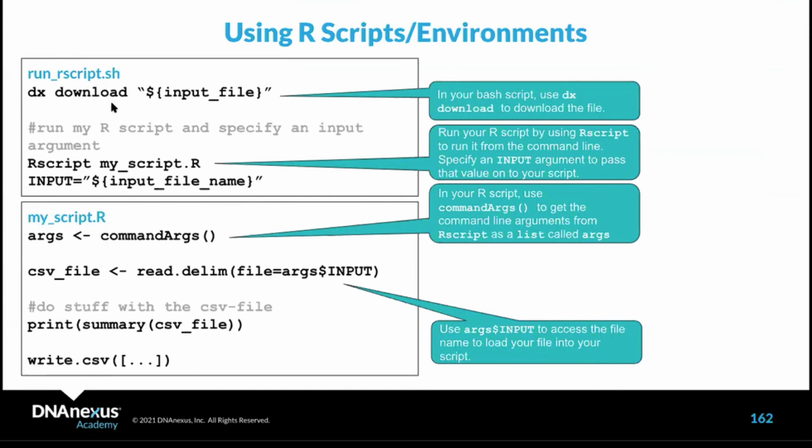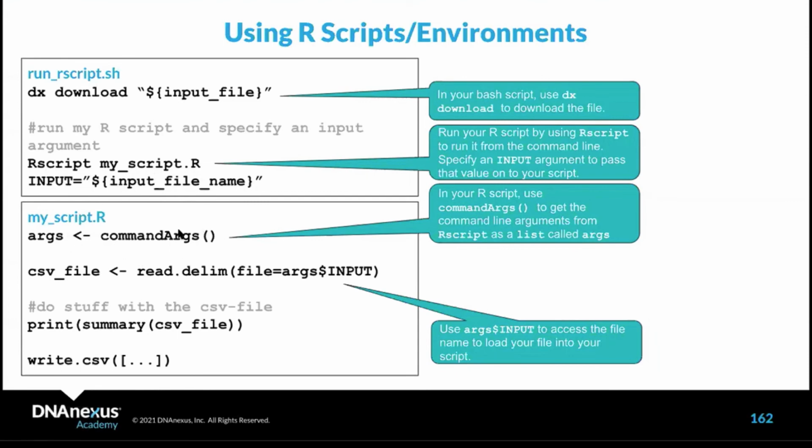The first thing is you want to download your input file. Then you can use the Rscript command to run your script, and you can pass in an argument here. The argument is input, and then we put in the file name of the file. Remember, this is a helper variable, so this is the actual file name as it is downloaded onto the worker.